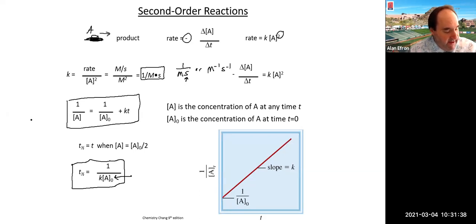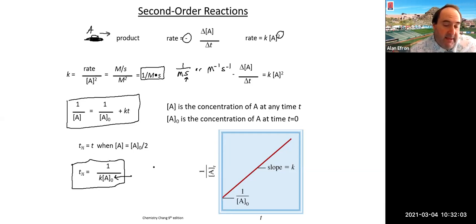So if we had a much higher concentration, that's going to result in a lower half-life, as opposed to a smaller one, which will have a greater half-life in that particular case.